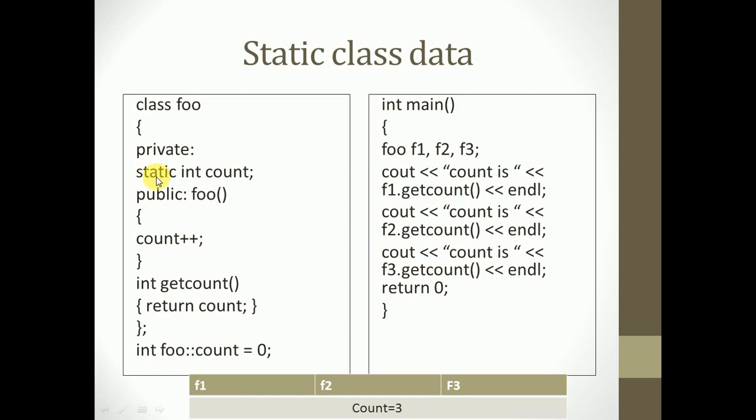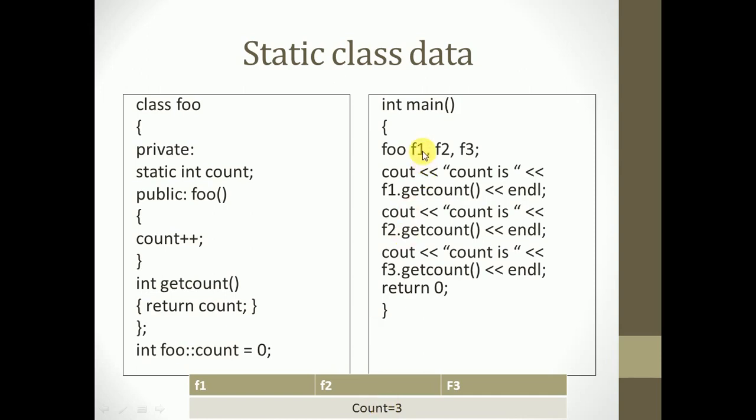If it is static data, you can see this count becomes common to all objects F1, F2 as well as F3. So for all these objects, this particular variable count is common.